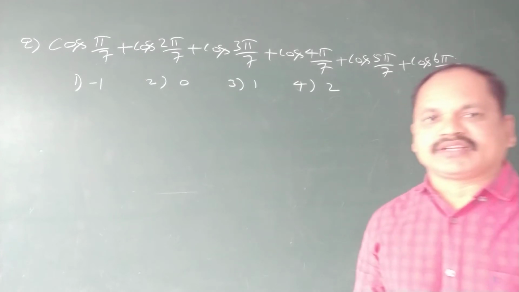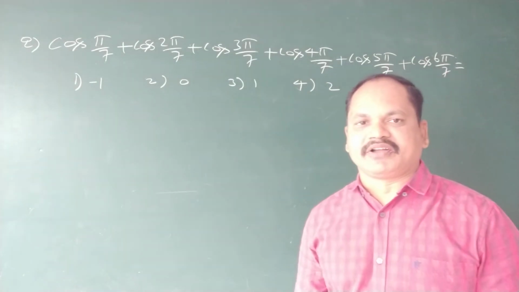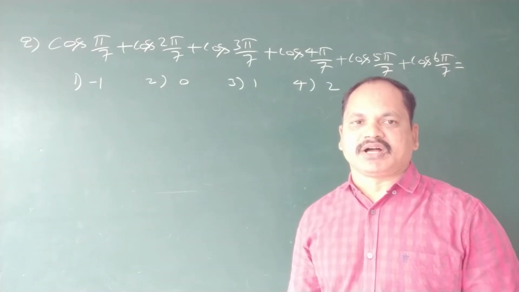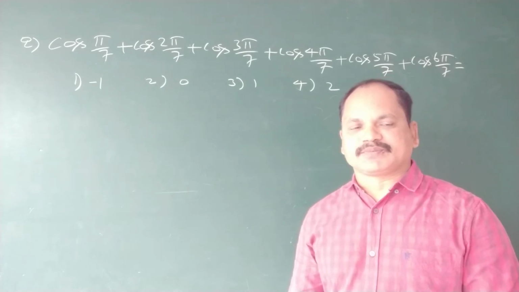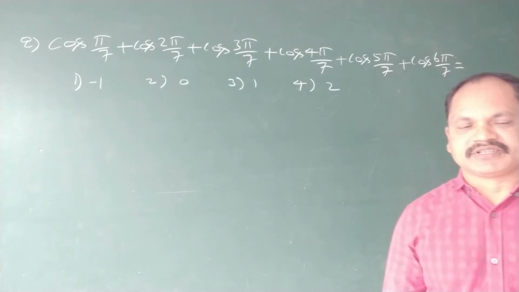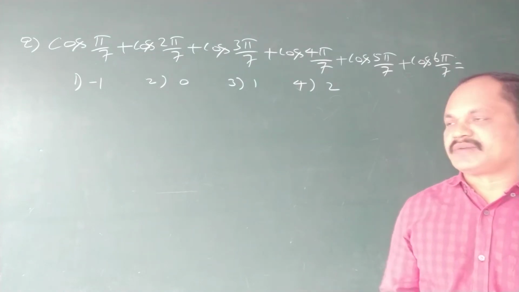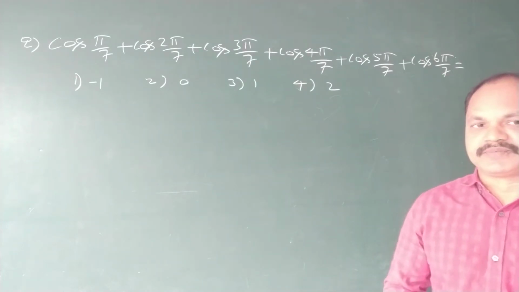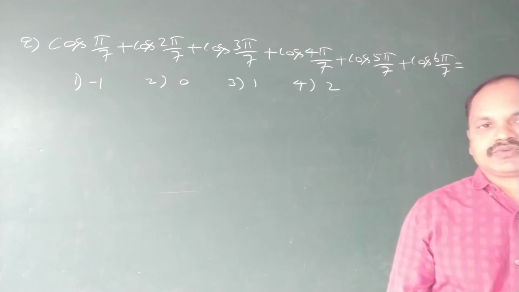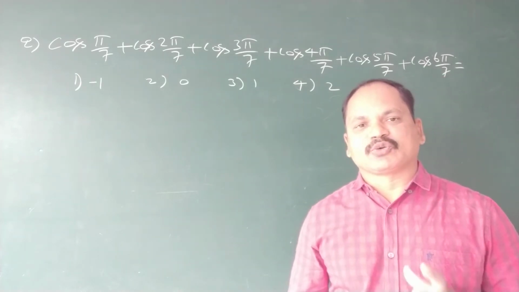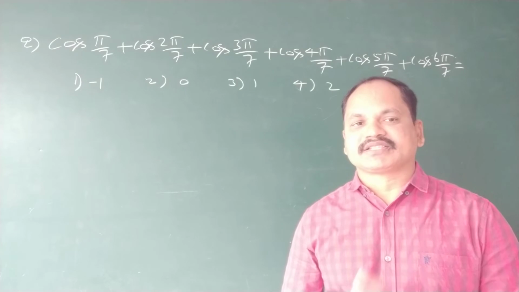Now observe the question: cos pi by 7 plus cos 2 pi by 7 plus cos 3 pi by 7 plus cos 4 pi by 7 plus cos 5 pi by 7 plus cos 6 pi by 7 is equal to: first option -1, second option 0, third option 1, and fourth option 2. Observe, this question depends upon supplementary angles.